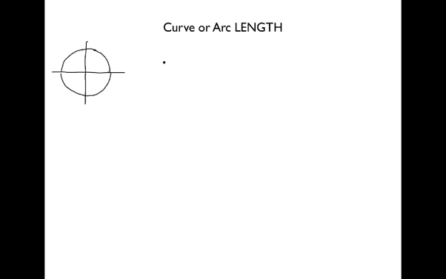So if our length is the integral from a to b of the square root of 1 minus, say, y prime squared, is it plus? Sorry. Yeah, thanks. Do I have it right now?